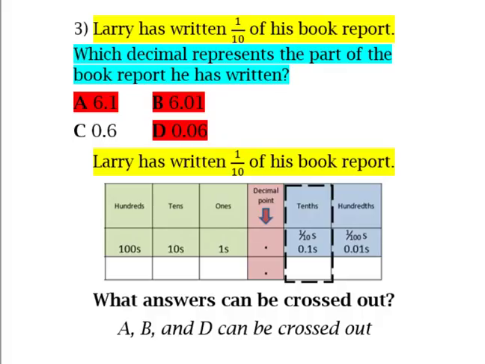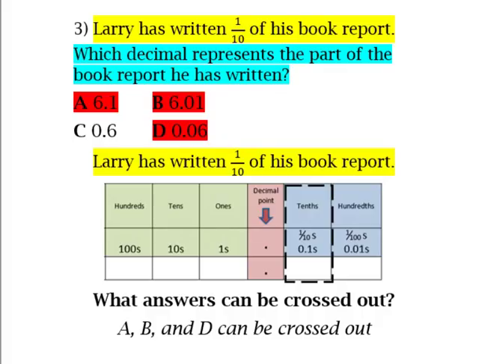These answer choices are wrong. Let's look at A. For A, it said it's 6.1. Well, that's not really 1/10 of a book report because there's a whole number there, and it says that Larry has only written 1/10. B is the same thing, because it has that 6 in the ones place as a whole number, that is wrong.